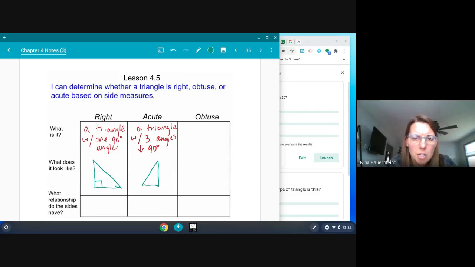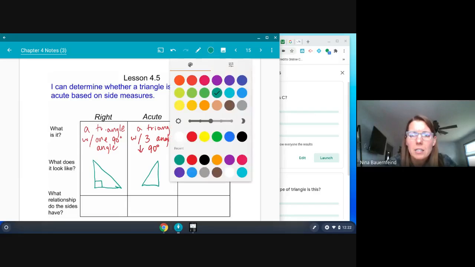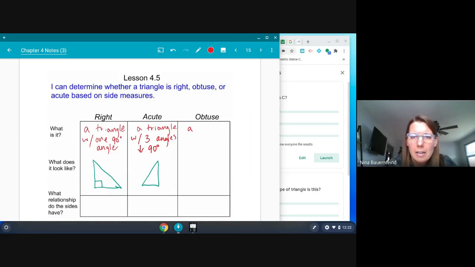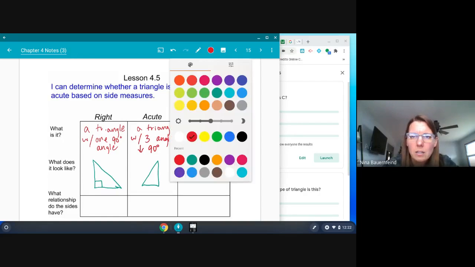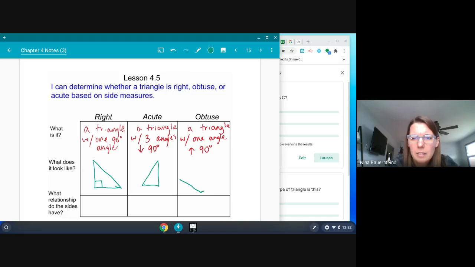So all the angles are under 90 degrees. And then last is obtuse triangles. This is a triangle with one angle over 90. What that looks like is it might look like this, where it's got one big angle down here. This is your one angle over 90 degrees.